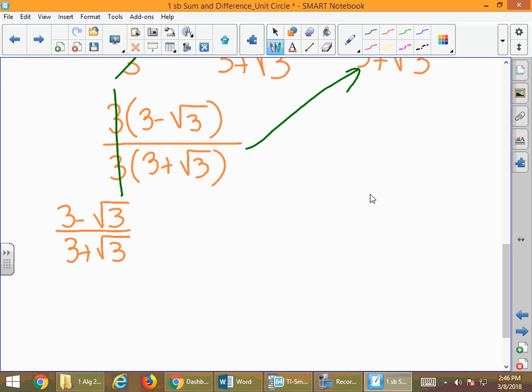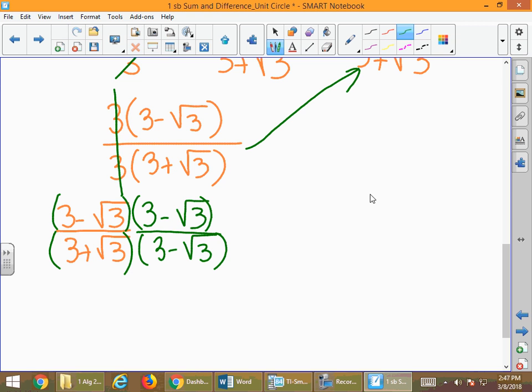But what happens now is that we have a radical in the denominator, and we're not supposed to have a radical in the denominator. So what we need to do is multiply by the conjugate. So we're going to multiply by 3 minus the square root of 3. If we multiply the bottom of our fraction by 3 minus the square root of 3, we're going to multiply the top by 3 minus the square root of 3. And that's a fancy form of 1, is what we're multiplying by.